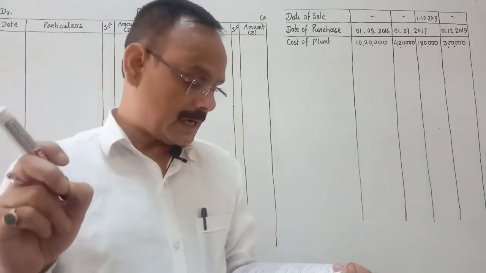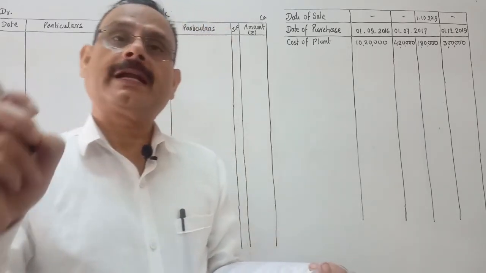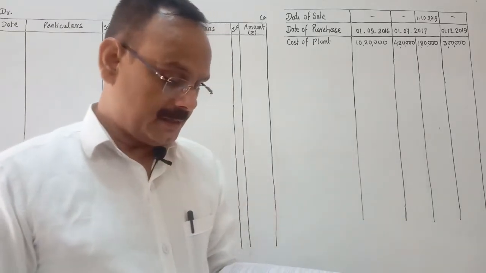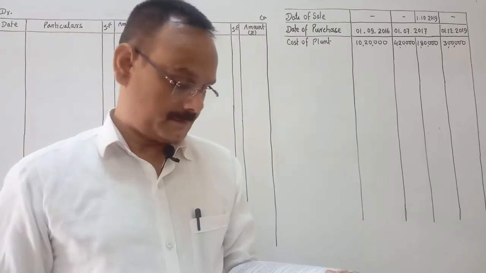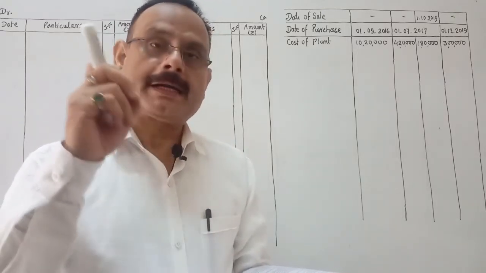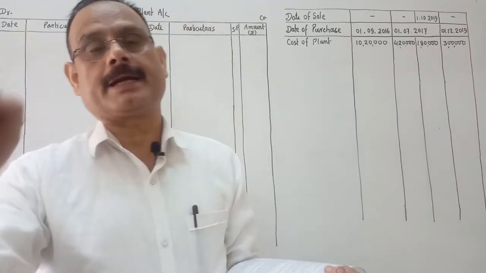Part of the second plant for rupees 1,80,000 was sold for rupees 1,10,000. On 1st December 2019, another plant was purchased for rupees 3 lakhs. Prepare plant account, provision for depreciation account and plant disposal account.